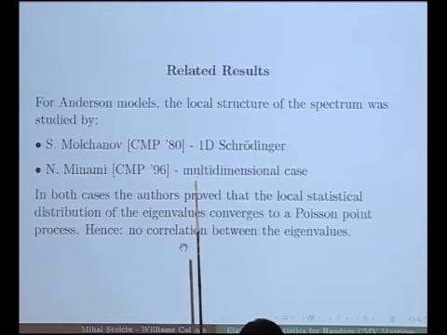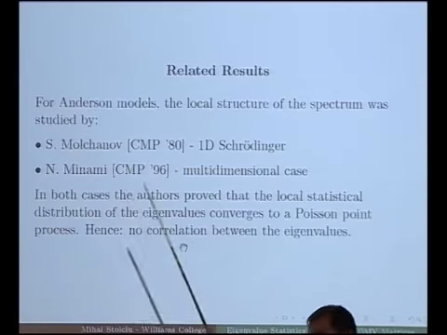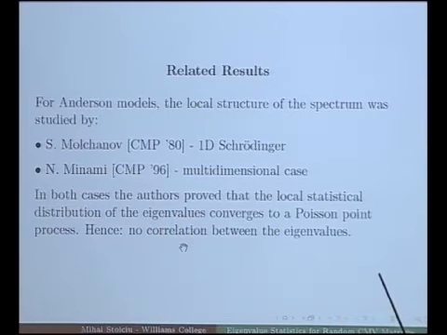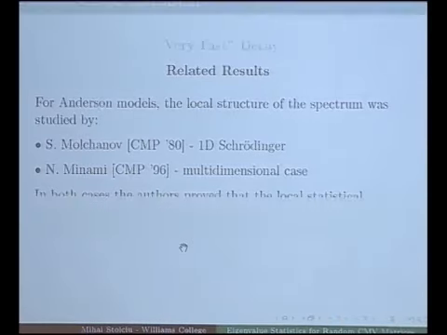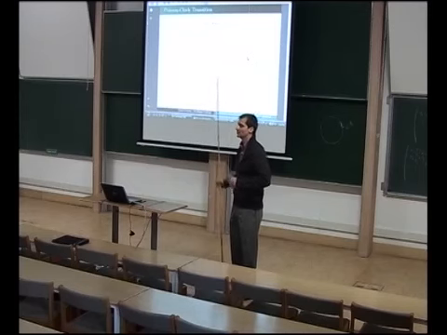So Minami's result says that you get the local Poisson statistics near energies where you have positive density of states, and it's Poisson with probability measure, density of states times Lebesgue, which makes sense.